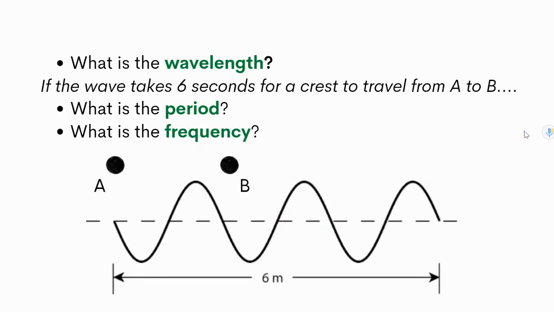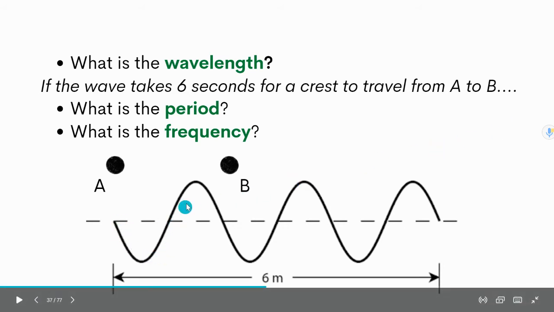So here's a problem that is pretty straightforward. We have a few waves moving through a medium, a few pulses, and it looks like the section of medium that we're interested in is 6 meters long. How many waves do we have? We have 1, 2, 3 waves in this medium.